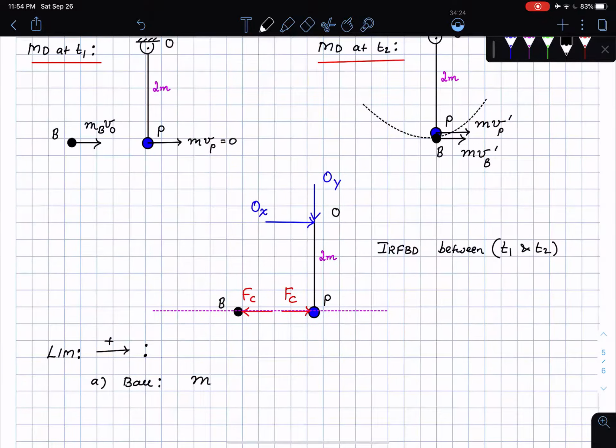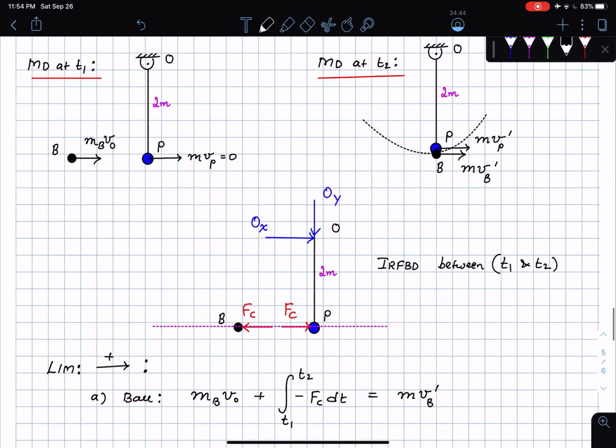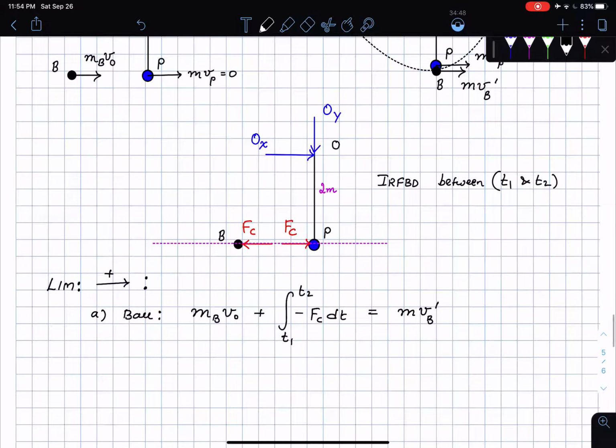It's going to be mb times v naught. And then what is the net force acting on the particle between t1 and t2? It's going to be minus integral Fc dt. And this is going to be m times v ball prime, the momentum at time t2. So this is the linear impulse momentum as applied to the ball.